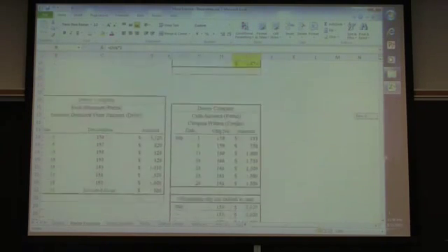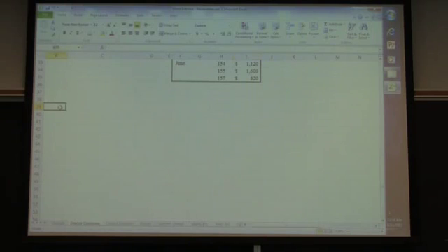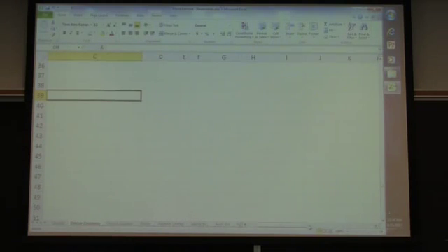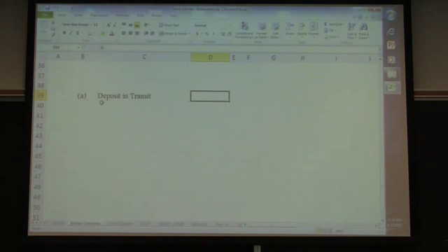So to answer the first question that they ask you, which is to list the deposits that are in transit: the deposit in transit would be the deposit that was made on July 31st for $37.84.